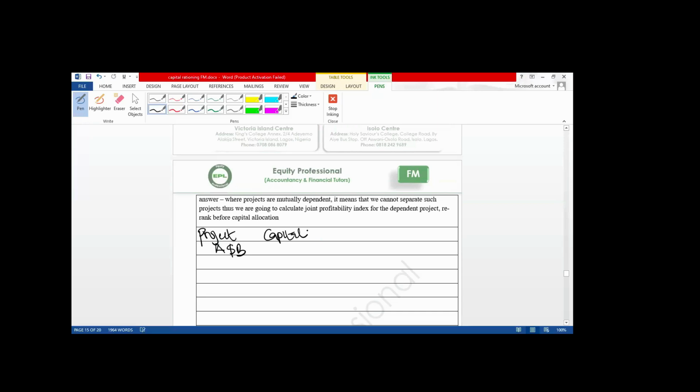Capital required in year 0: for project A, 100,000, project B, 50. This is 150. NPV of project A, 60,000. NPV of project B, 40,000. Combined NPV, 100,000.